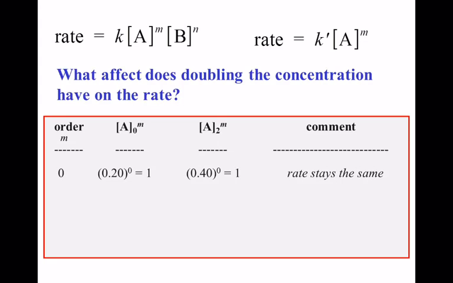Okay, now with all that in mind, here's some data. So this is your trial 1, and this is your trial 2. Now, if your reaction order is 0, then we're going to raise the molar concentration, 0.4, up to the 0. But like I said, anything raised to the 0th power is 1.